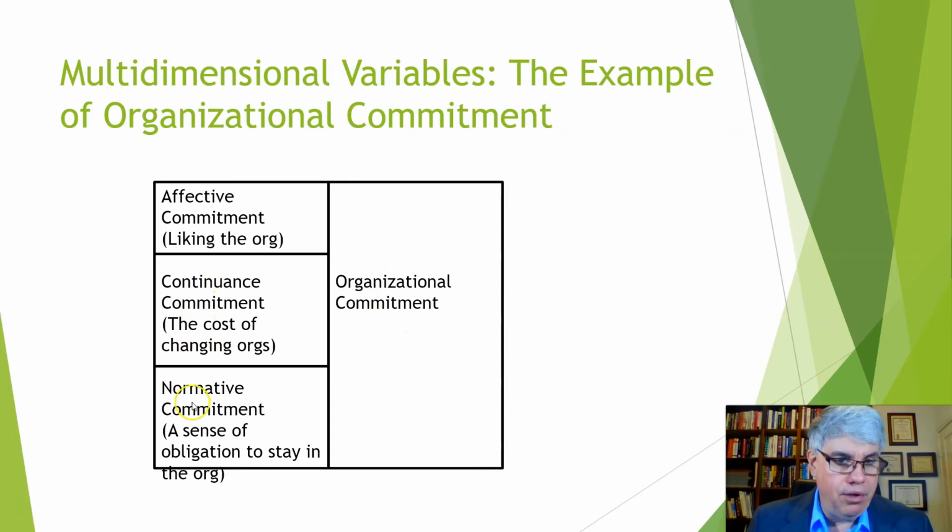But we can use all three, and sometimes they predict things differently. So these would be 3 dimensions of the variable organizational commitment, each of which can be treated as a separate variable, 3 different dimensions of the construct we're looking at, or they can be put all together, combined into the one organizational commitment variable.